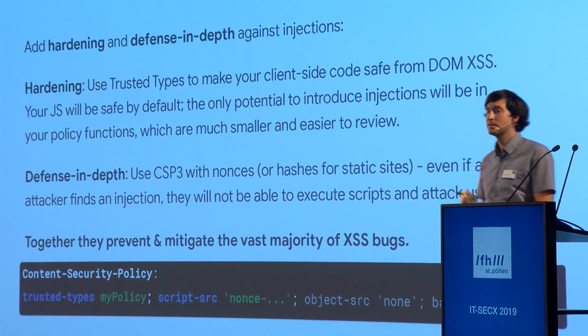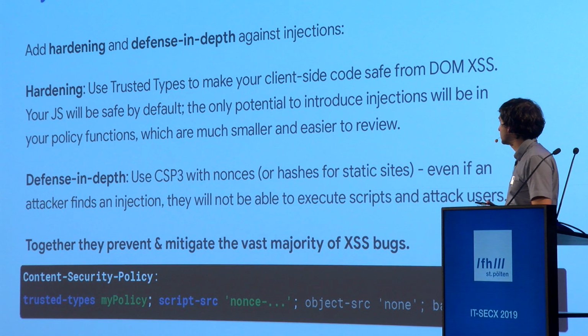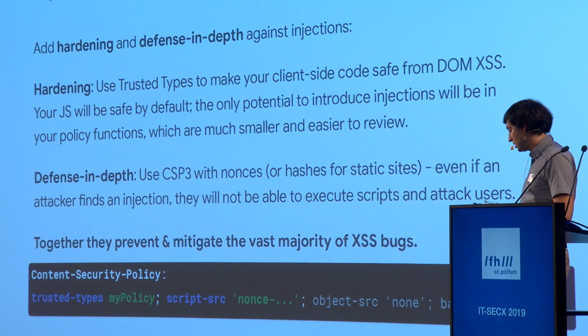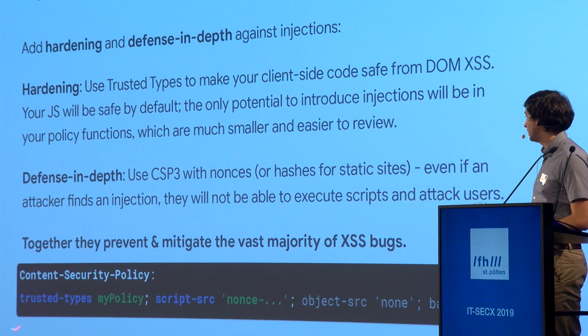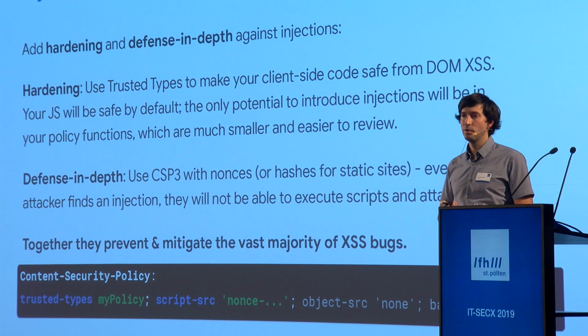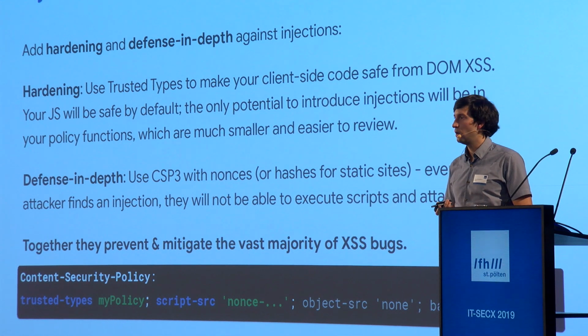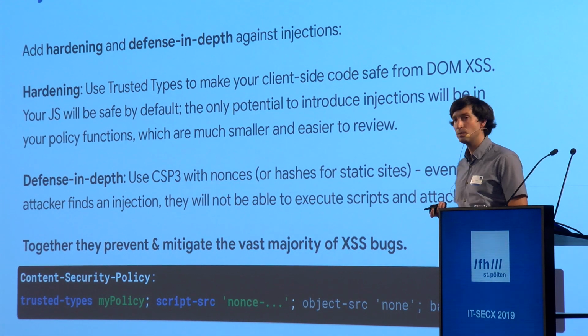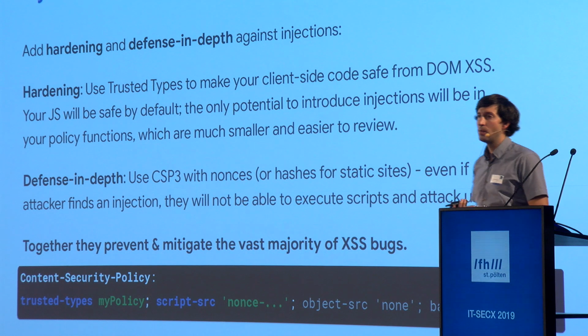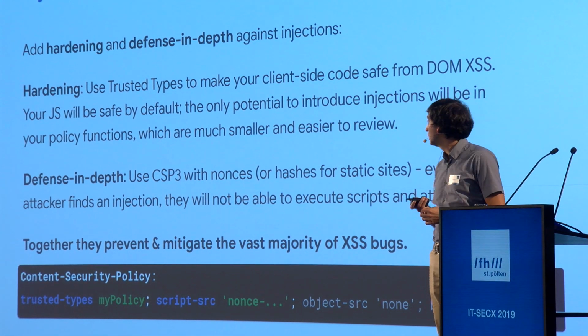And then the client-side DOM-based XSS with trusted types. And the nice thing is, you can actually enable this in a single header. I'm not saying this is perfect, but I also think that this will significantly reduce the amount of exploitable vulnerabilities in platforms.